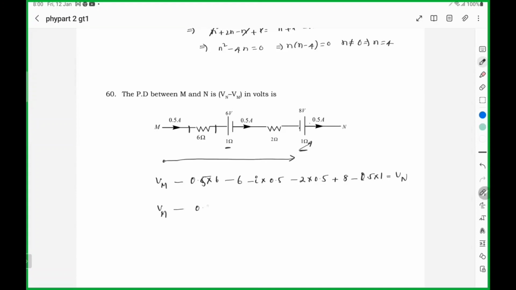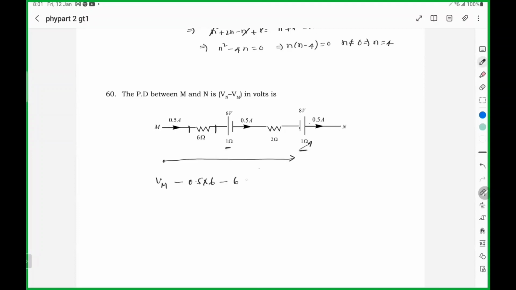Here the current I is 0.5. So 0.5 into 6, here it is 1, minus 6, minus 0.5 into 6, potential drop here 6.